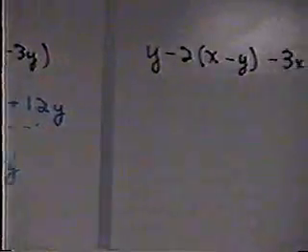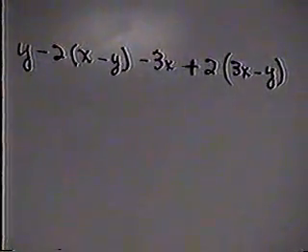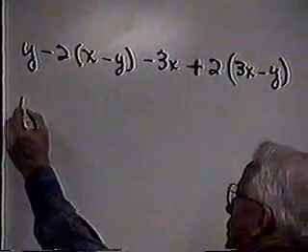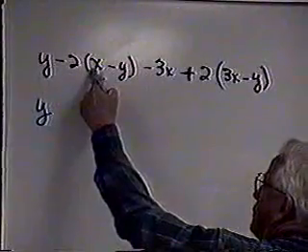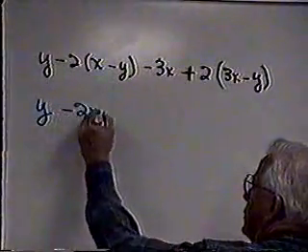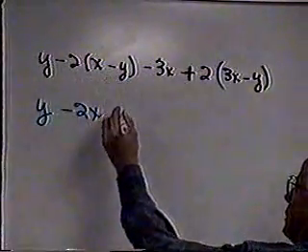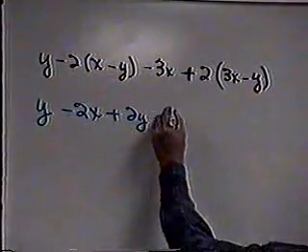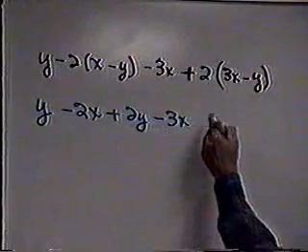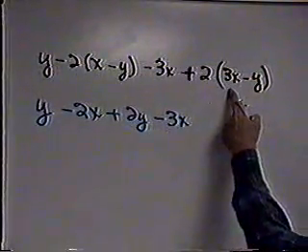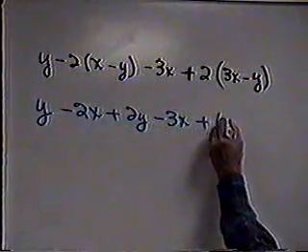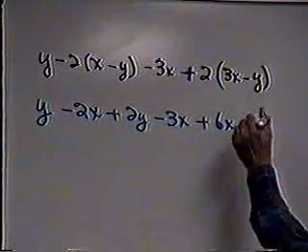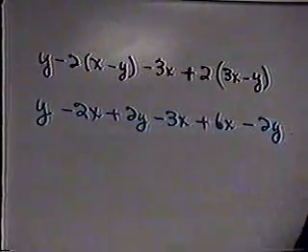All right, let's go to the next example. Again, order of operation, remove parentheses first. So this will be y minus 2 times 1x is a minus 2x. A minus 2 times a minus y is a plus 2y. A minus 3x. A plus 2 times plus 3 is a plus 6x. A plus 2 times a minus 1 is a minus 2y.